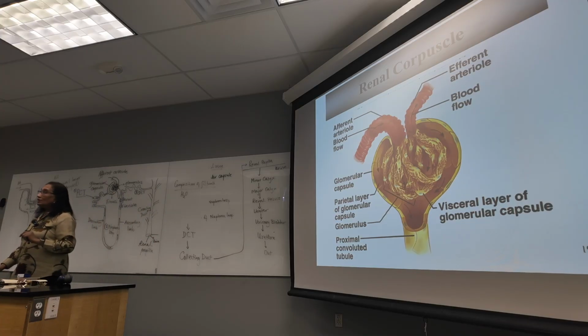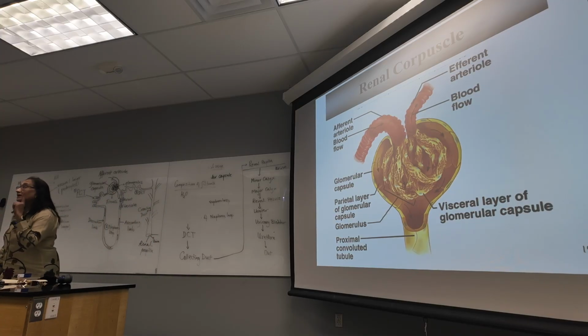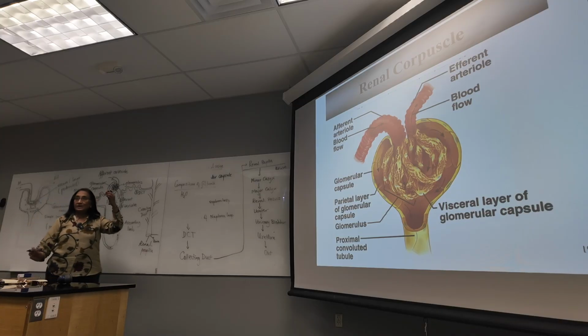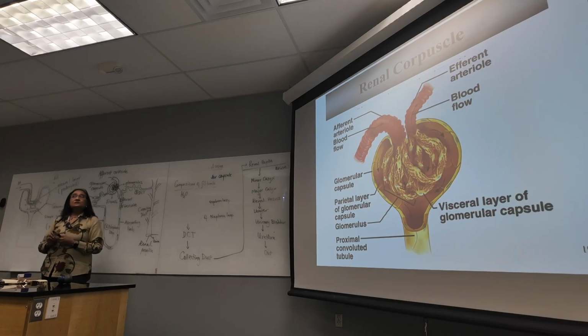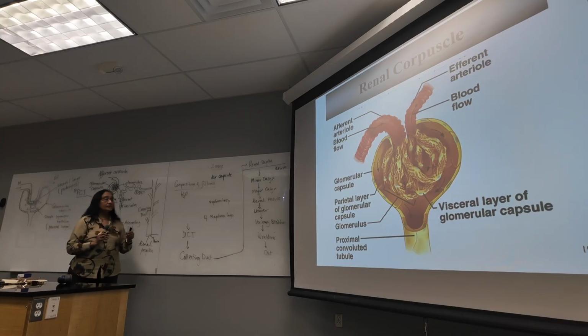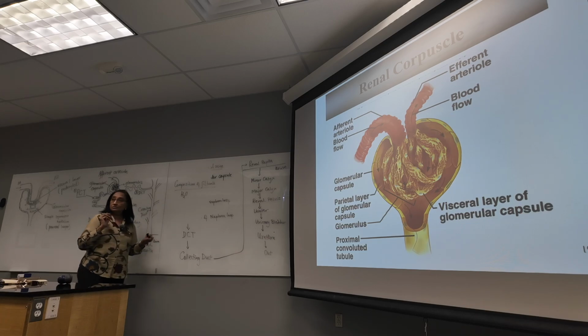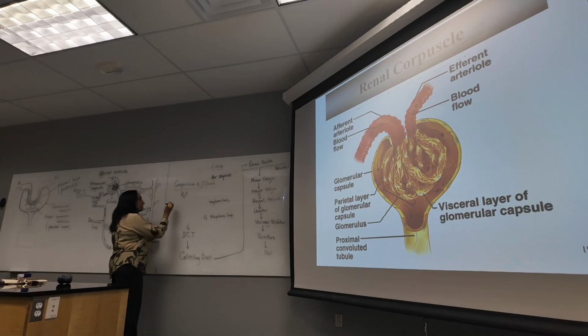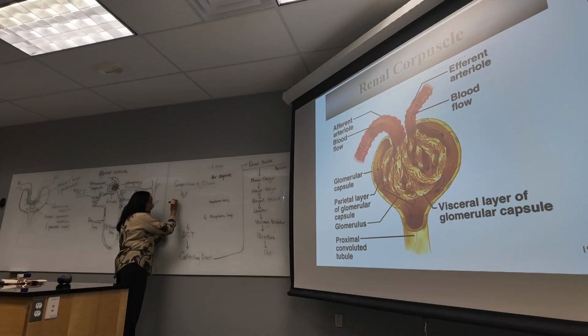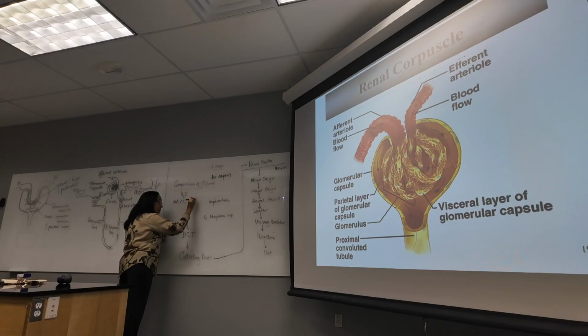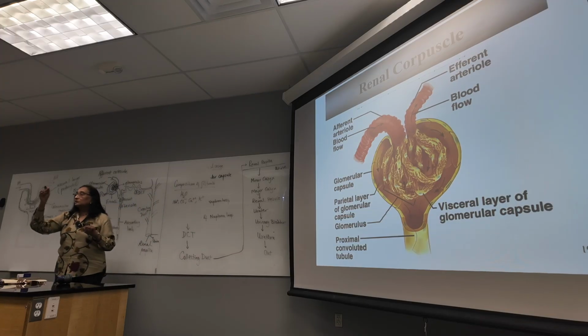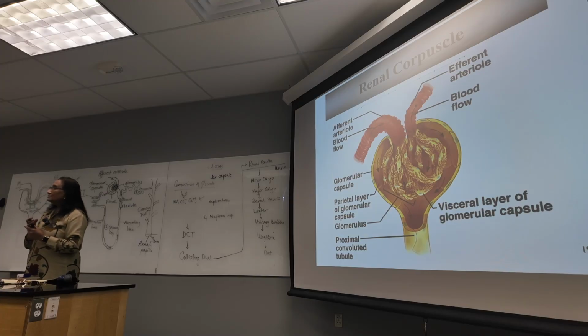Any small molecules that are dissolved in the plasma, because this is blood, will come out along with the water. All small molecules, salts, sodium, although they are charged, sodium, chloride, calcium, potassium, will all come out along with the water.